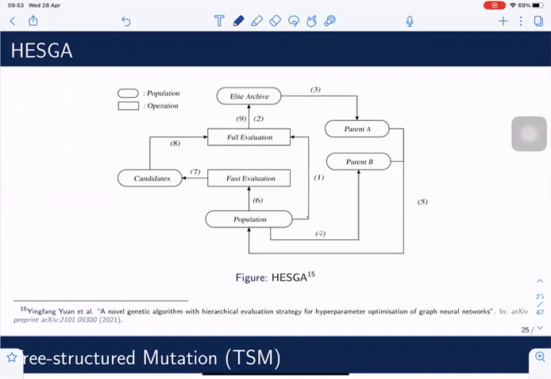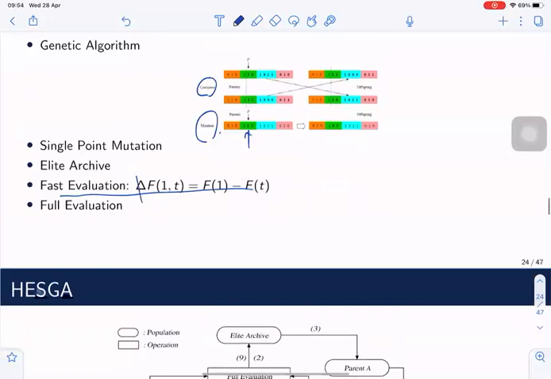So if the preset epochs is 100, every individual, every hyperparameter set, will be loaded with the GPU to run the 100 epochs and to take evaluations. But from the second generation, we use the fast evaluation. So it means we use this equation. The 1 is the first epoch, and the T is the preset epoch.